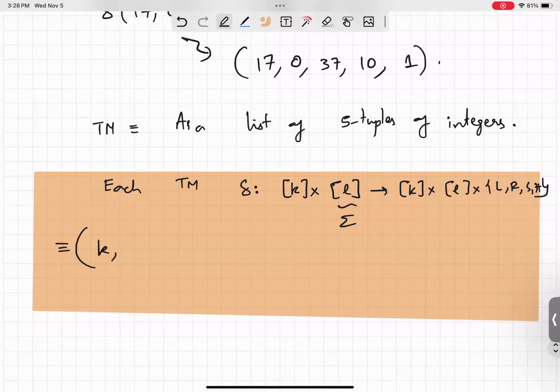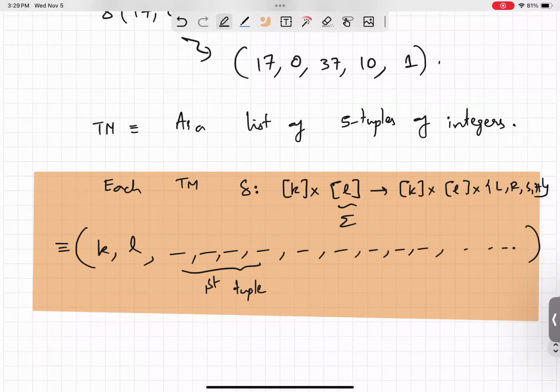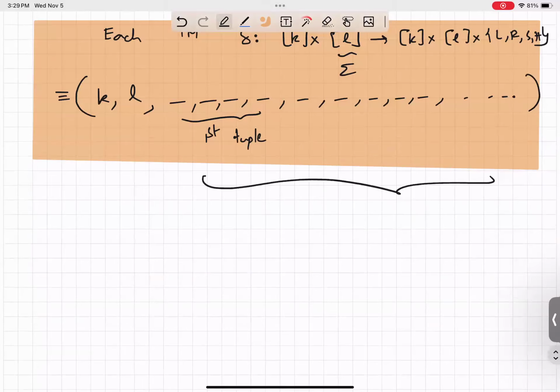I'll shout out the number of alphabet symbols, and then I'll start writing down 5 tuples. Right? So first tuple, and then the next 5, and the next 5, and so on. Okay? So how many tuples would I have? I would have k times L many 5 tuples.